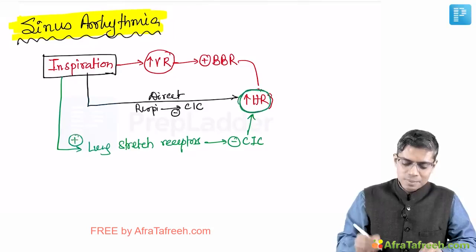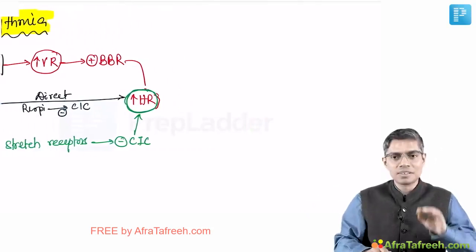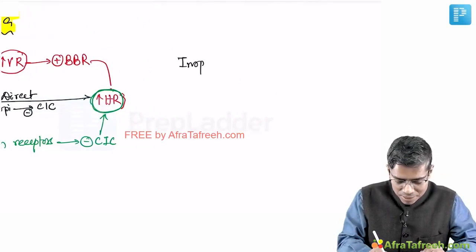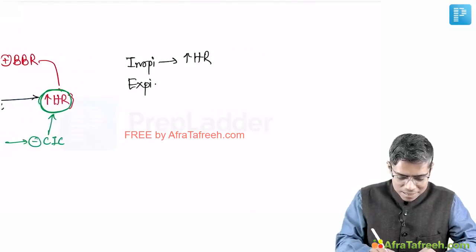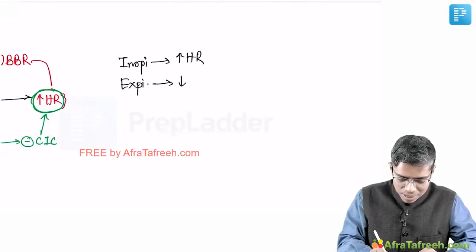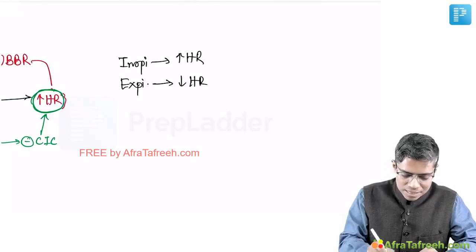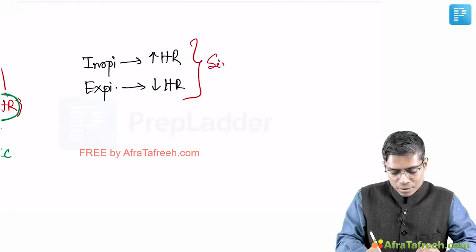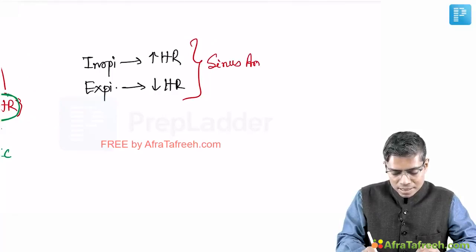Obviously, during expiration, what is going to happen? There will be decrease in heart rate. So please remember, if you are taking inspiration, heart rate is rising. If you are exhaling, then your heart rate is decreased. This change in heart rate along with respiration is known as sinus arrhythmia.